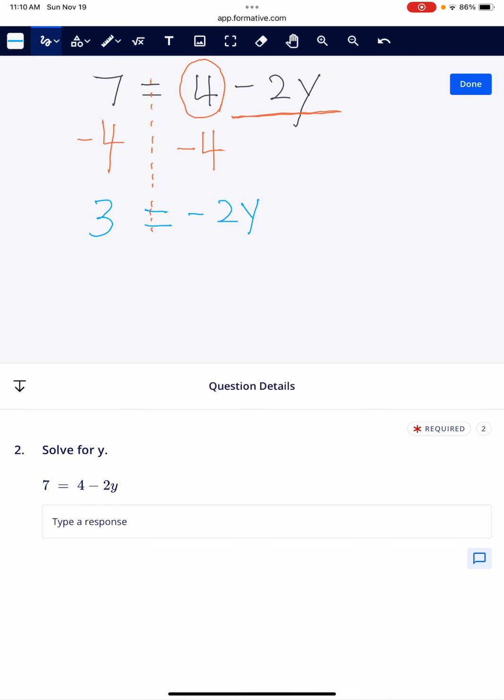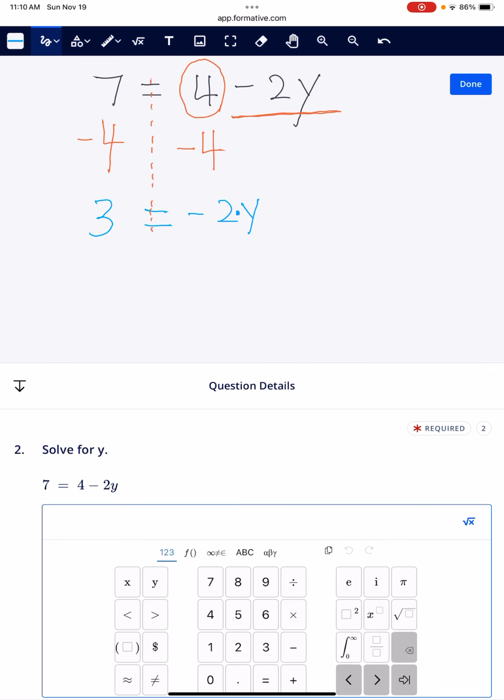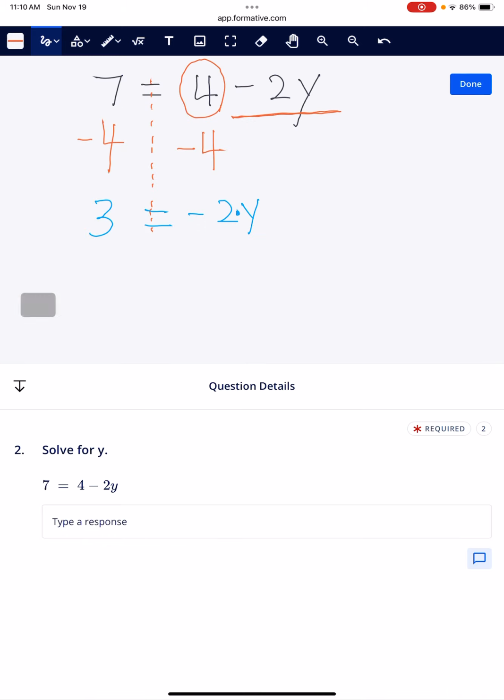Now, to isolate y, you have to look at negative 2 and y. Negative 2y means negative 2 is multiplied by y. So the opposite of multiplication is division. So you need to divide both sides by negative 2. Then you have y equals negative 3 over 2.